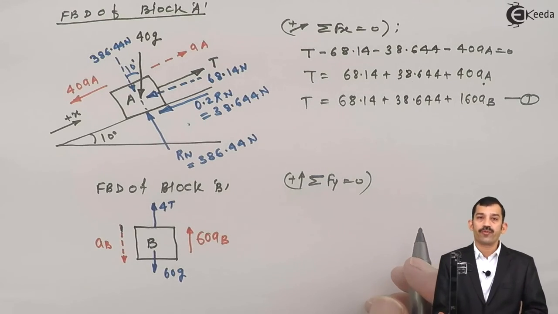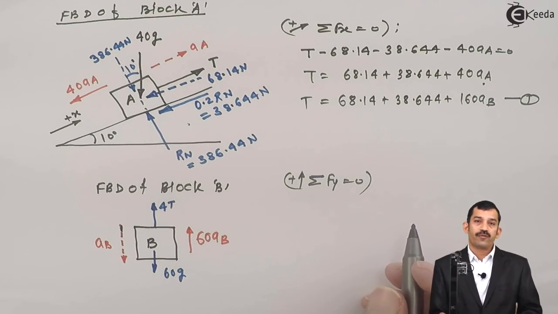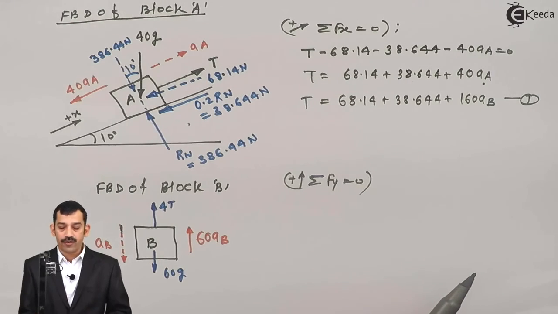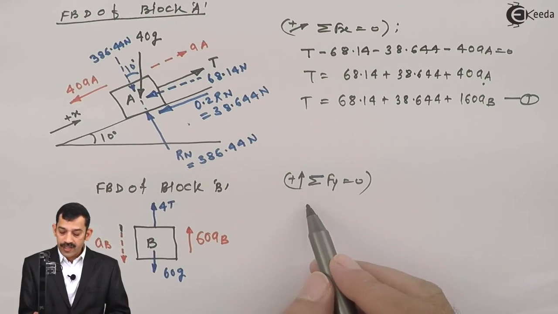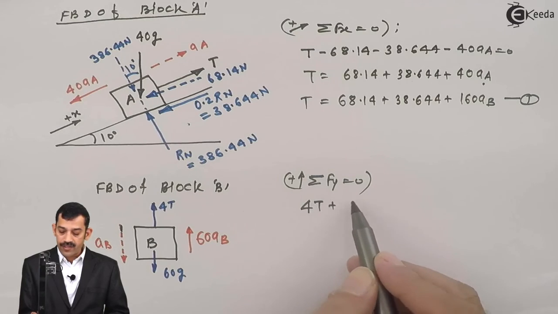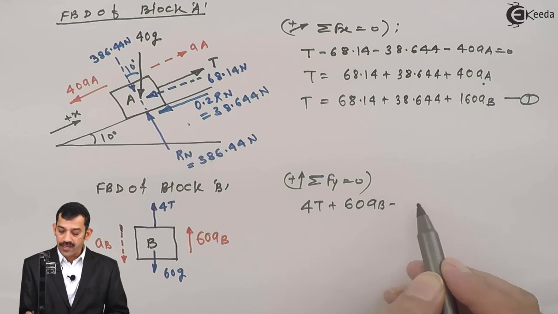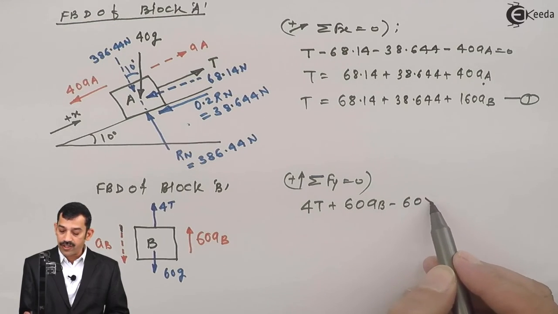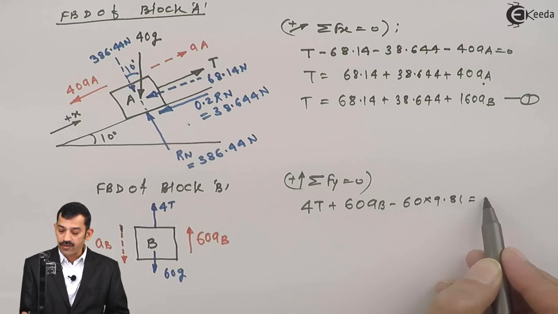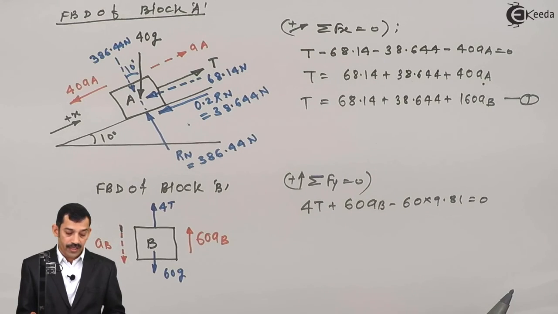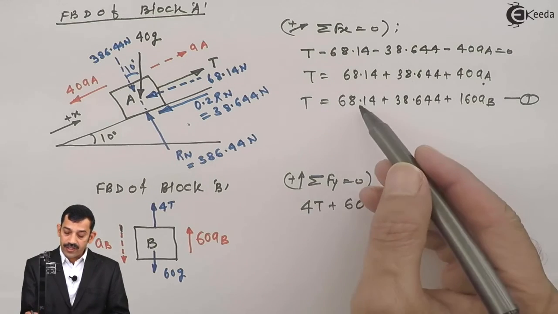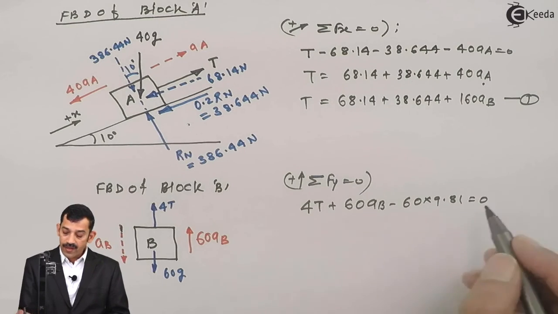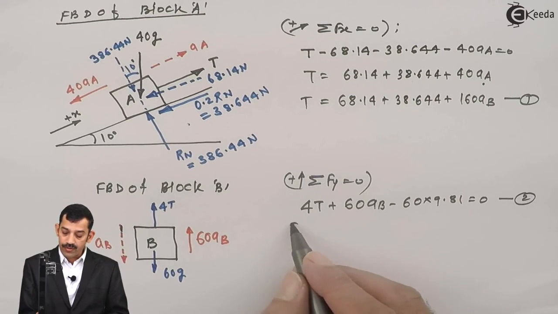First is tension, 4 times T. Next is inertia force upward, 60 AB, and the weight of the block acting downward. So we get 4 times T plus 60 AB minus 60 into G, with G as 9.81, equal to 0. That means you are getting a relation between tension and acceleration AB. Now we substitute T from equation number 1, and this is equation number 2.